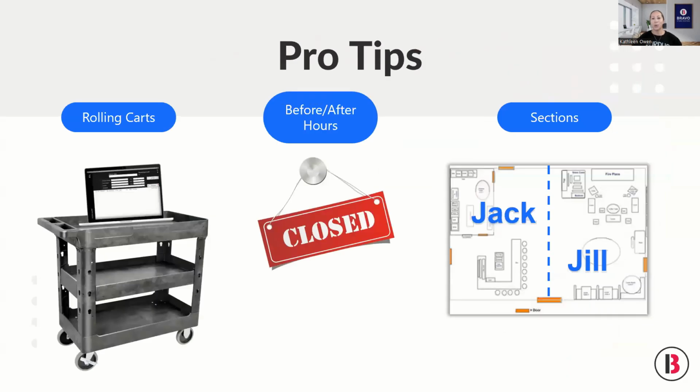Some pro tips just to help make your inventory run as smooth and hassle-free as possible. First up, make it mobile. If you have rolling carts in your store, placing the laptop on one of these so you can move around easily while scanning really is a game changer. It keeps your hands free.